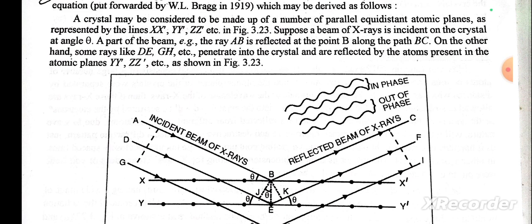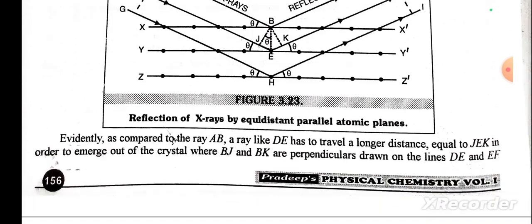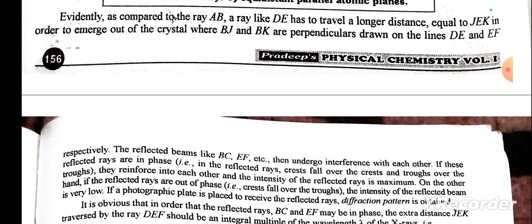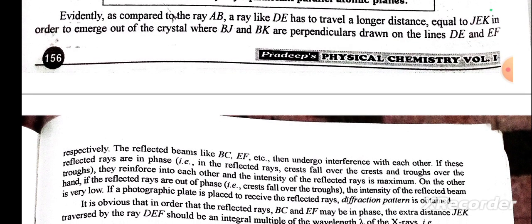On the other hand, the X-rays like DF and GH may penetrate the crystal and be reflected by the atoms in the atomic planes yy and zz, as shown in figure 3.23. The ray DEF, as compared to the ray ABC, travels a longer distance equal to JEK. Here BJ and BK are perpendicular drawn on the lines DE and EF respectively.